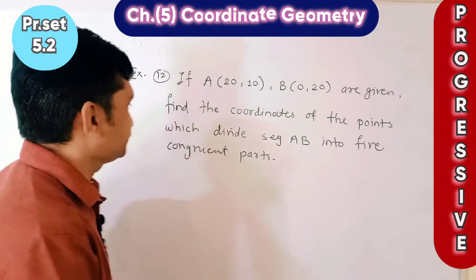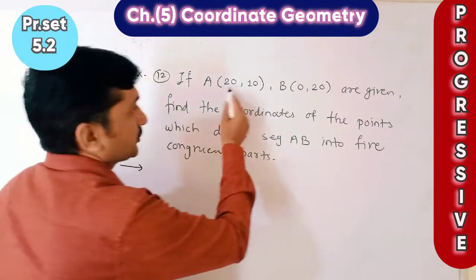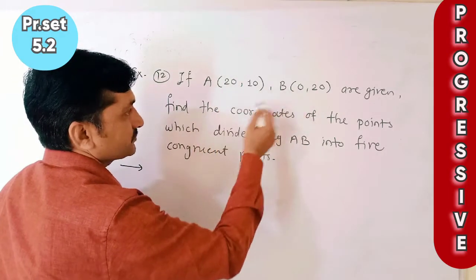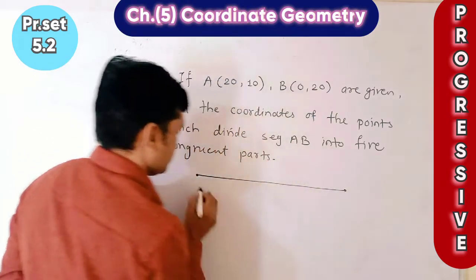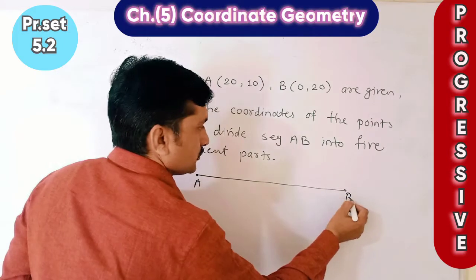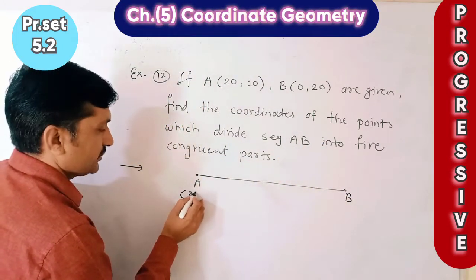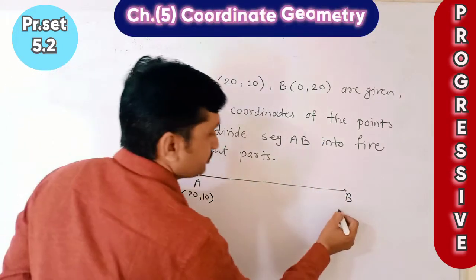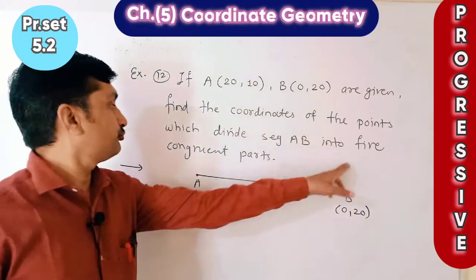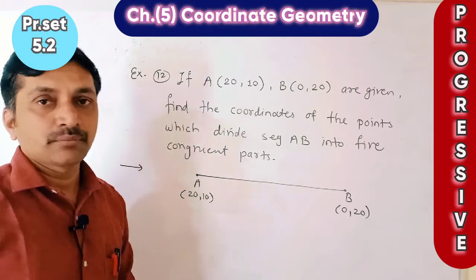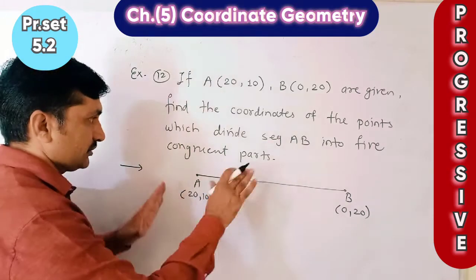Example number 12. A and B are the coordinates of the endpoints of segment AB. The coordinates are given: A is (20, 10) and B is (0, 20). This segment is divided into 5 congruent parts. That means we have to draw 4 points in between.